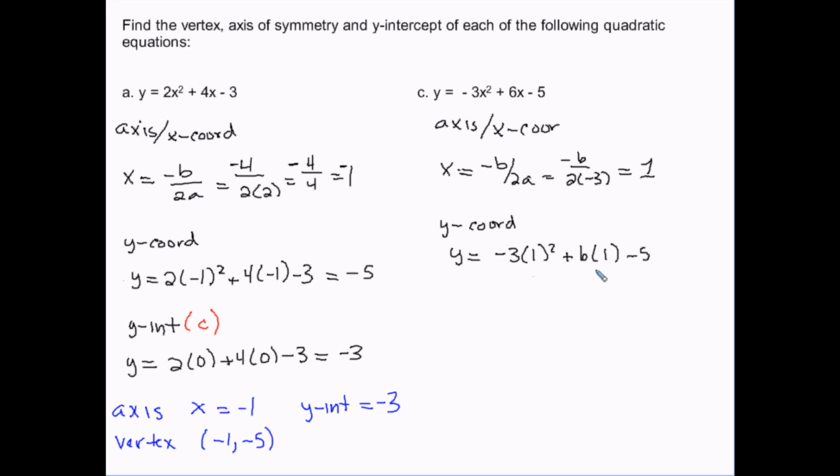So negative 3 plus 6 is 3, minus 5 is negative 2. My y-intercept is negative 5. So my axis is x equals 1. My vertex is the point 1, negative 2, and my y-intercept is negative 5.